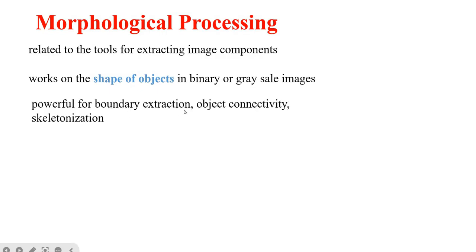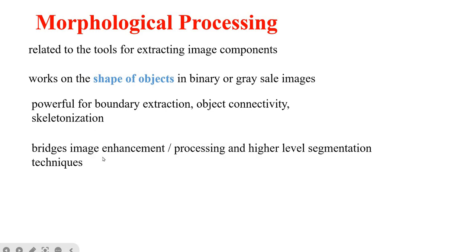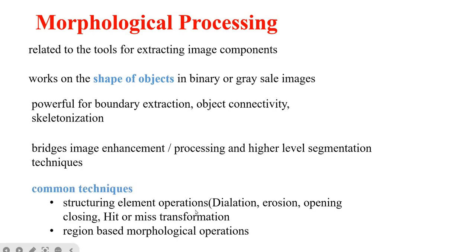This works on the shape of objects in binary or grayscale images, and it is powerful for boundary extraction, object connectivity, and skeletonization, and it bridges image enhancement or processing and higher level segmentation techniques. Some of the common techniques used here are structuring element operations such as dilation, erosion, opening, closing, hit or miss transformation, and region based morphological operations.